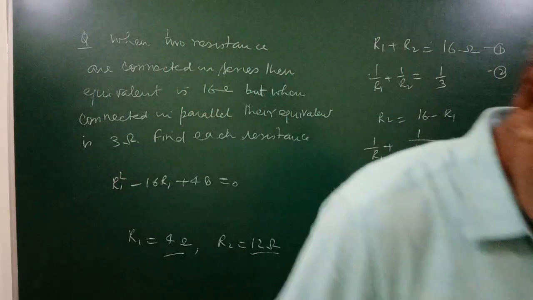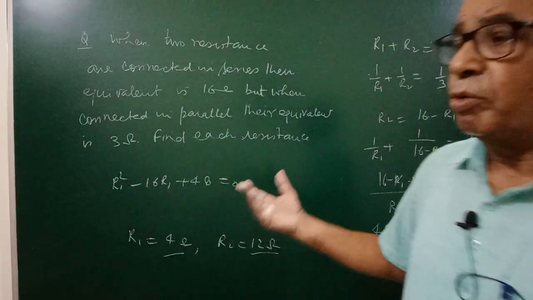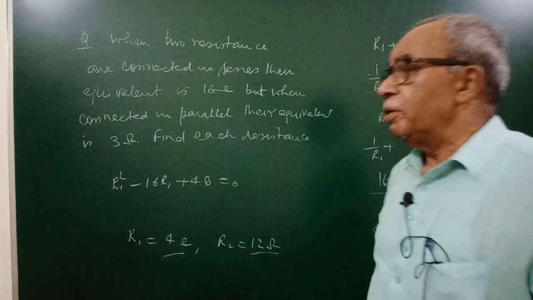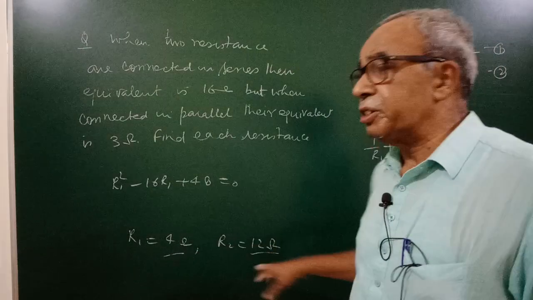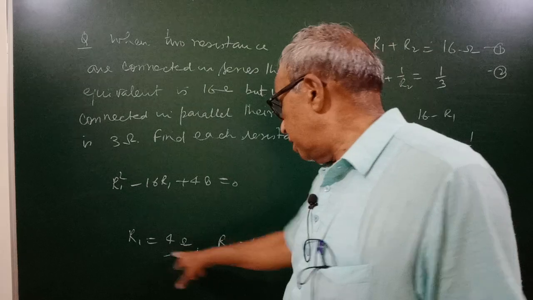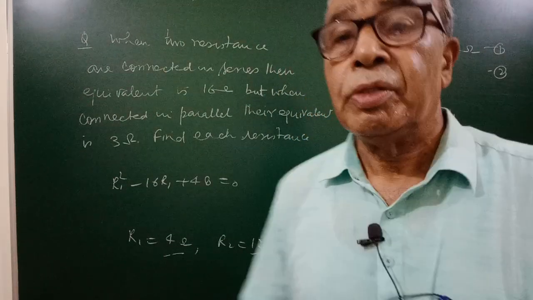So if we use a single resistance 4 ohm, we can obtain 4 ohm. If we use 12 ohm, we get 12 ohm. If we connect them in series, we get 16 ohm. If we connect them in parallel, 3 ohm.